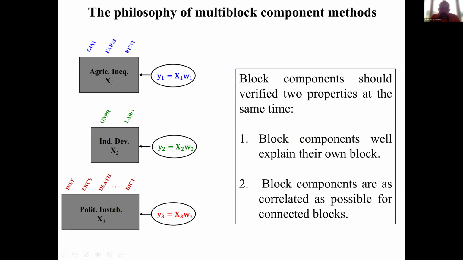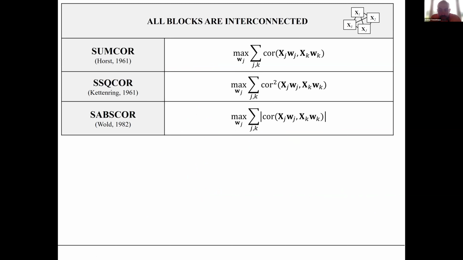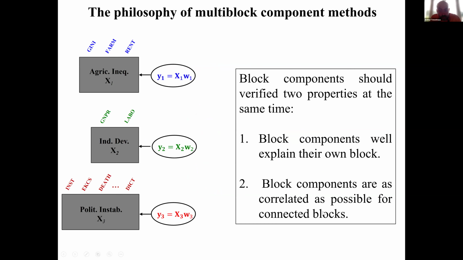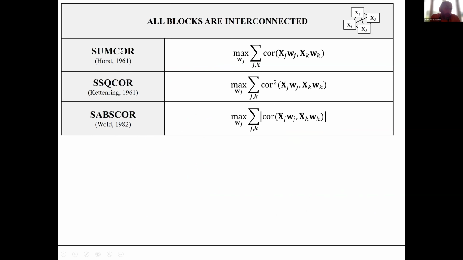In the multi-block literature, if you want correlated components, then you have, in 1961, methods where all the blocks are connected. So X1, X2, X3, Xj, all the blocks are connected, and you want to find Wj, the weights of the linear combination that maximize all the pairwise correlations between block components.